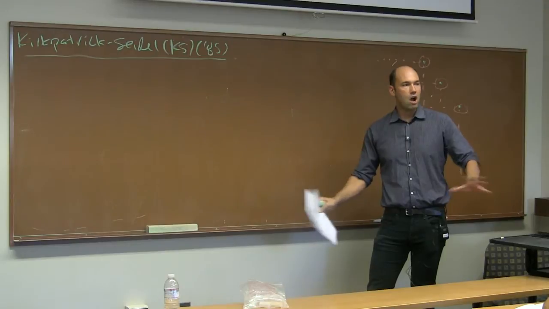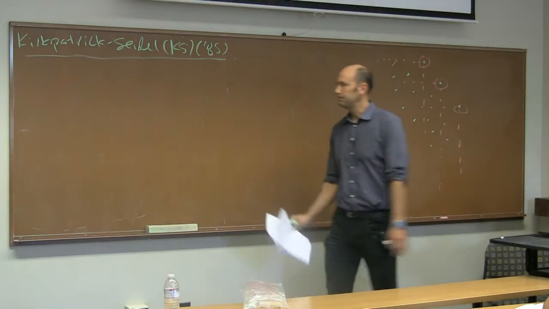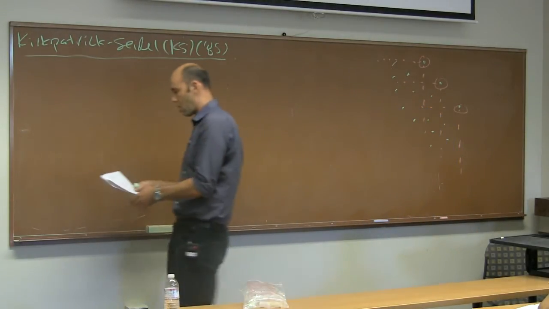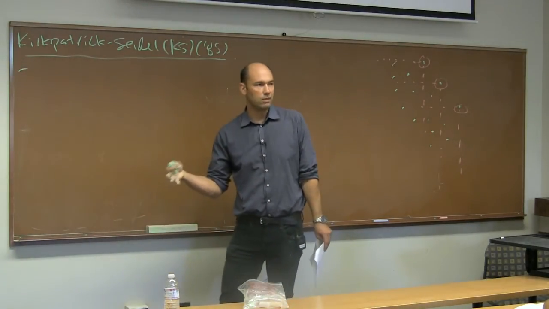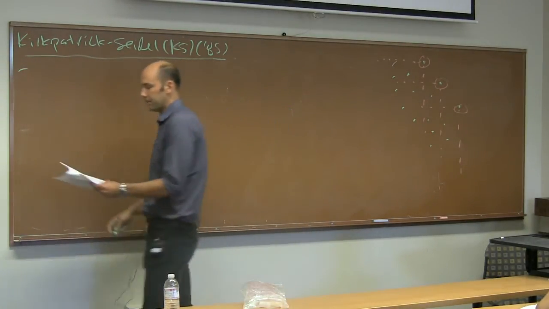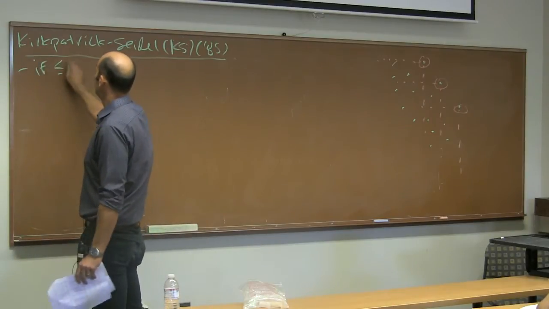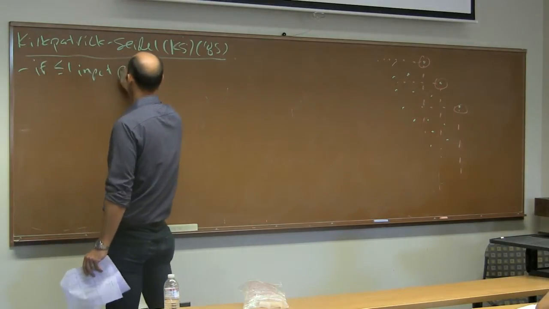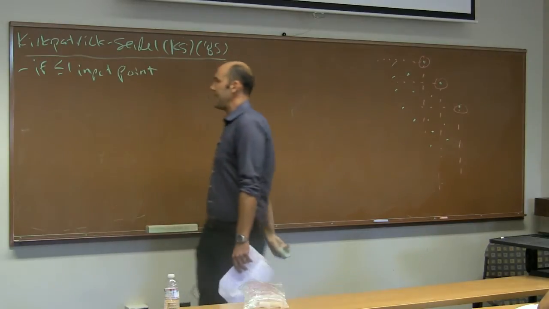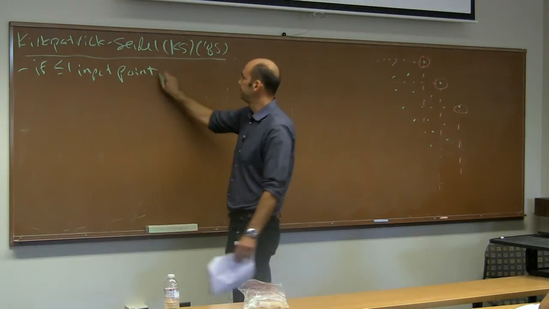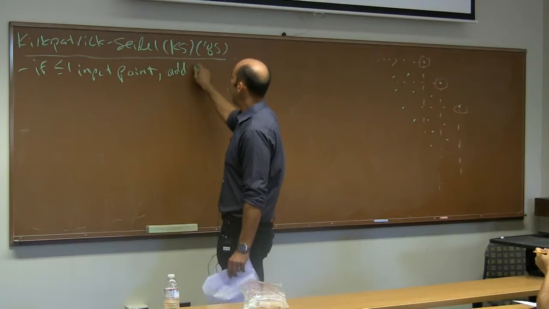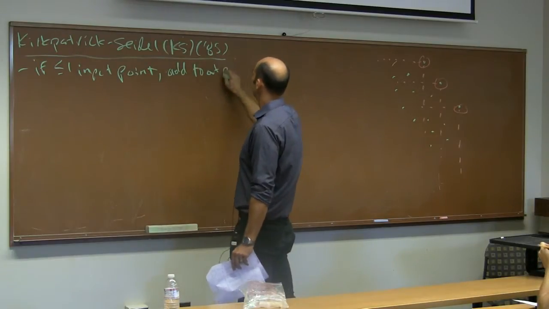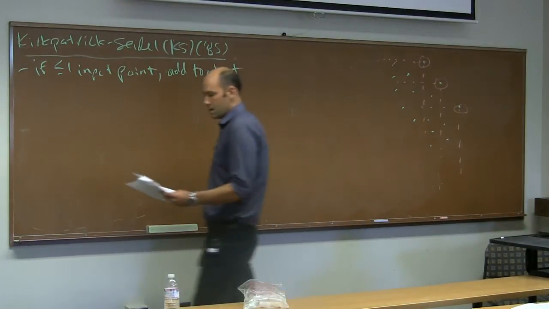Again, it's a divide and conquer recursive algorithm. So there's going to be a base case and there's going to be recursive calls. And our job is to identify every single maximum point, every single undominated point. So for the base case, if there's at most one input point, then clearly that point is undominated. So we're going to add the single point to the output. So one-point data sets are easy, of course.